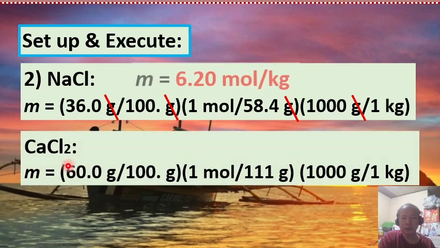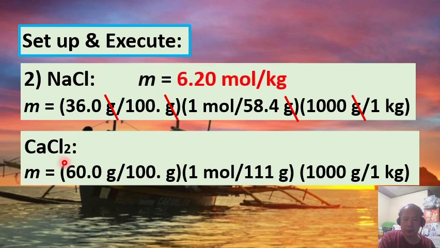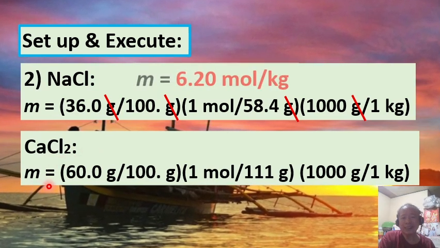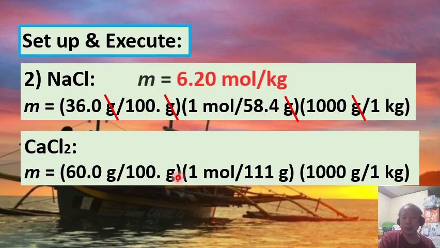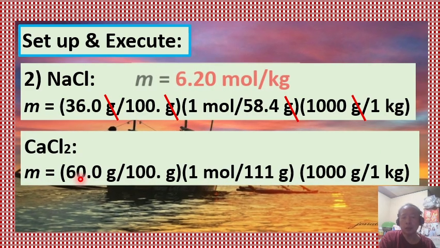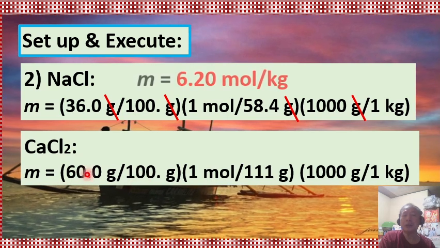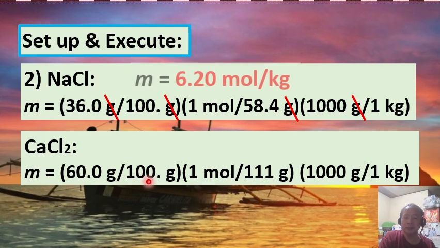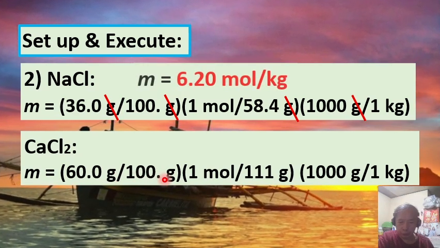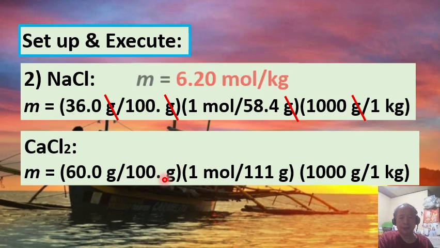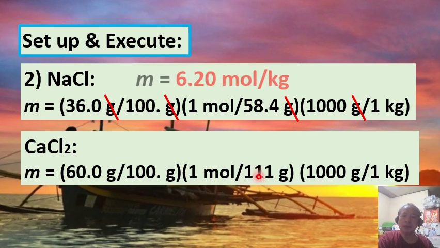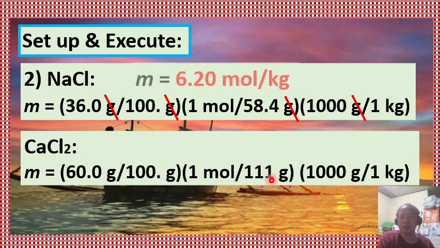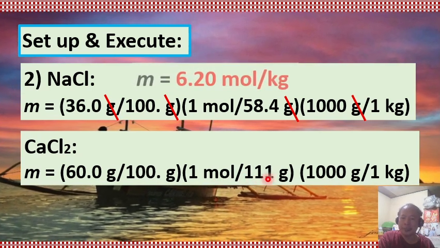And of course, for the calcium chloride solution, the molality is also determined by using the given solubility of calcium chloride, that is 60.0 grams per 100 grams of water, right? And then multiply it by the equivalent of 1 mole of calcium chloride. The mass equivalent is 111 grams.